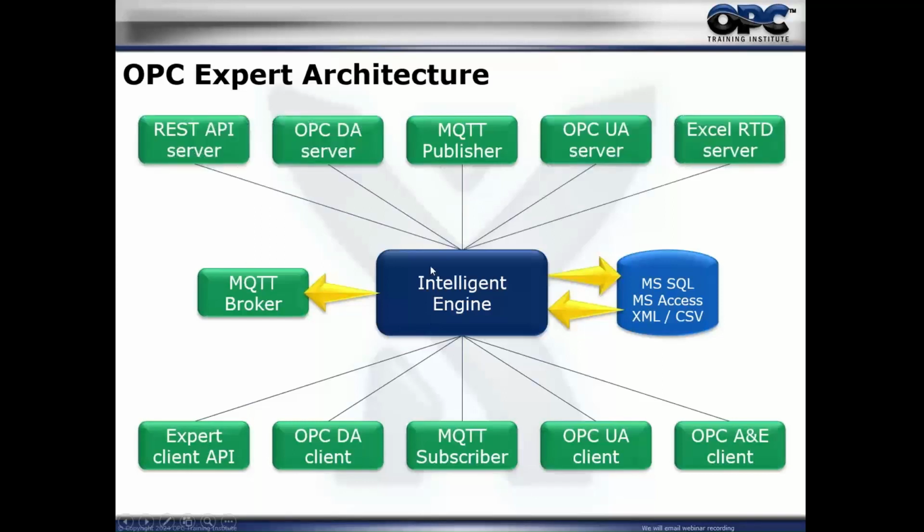Now, to get the data out, this is actually kind of interesting because you can send the data out via MQTT with a publisher, but you can also access it with your OPC DA client. So it has a DA server. It has a UA server, which means you can connect to this with your OPC UA client. So anything in here you can access via OPC UA or OPC DA or even Excel.